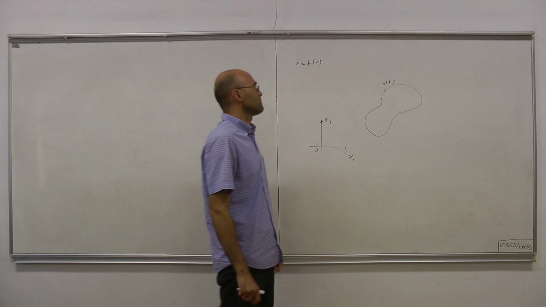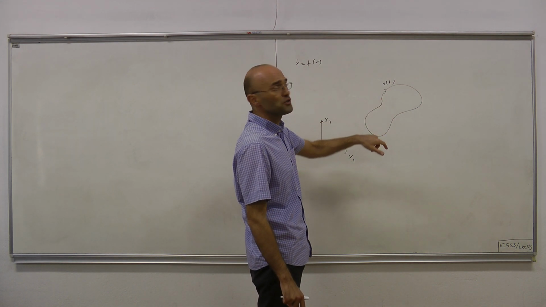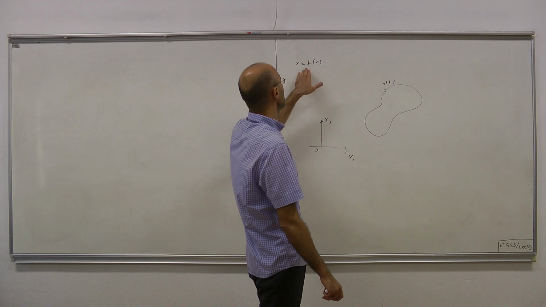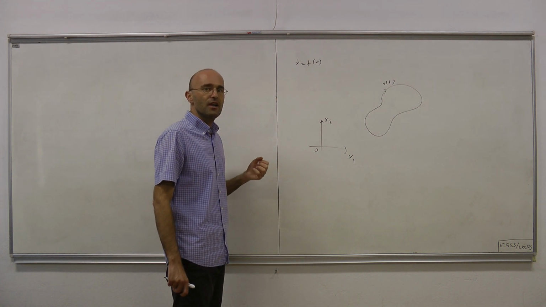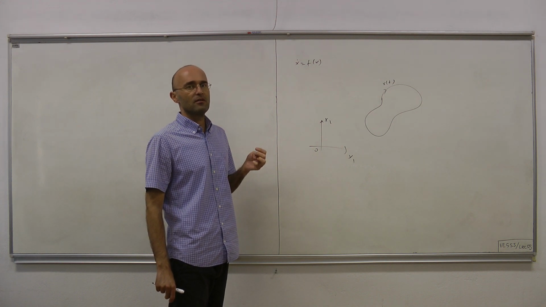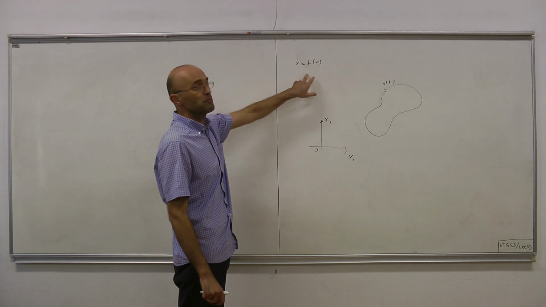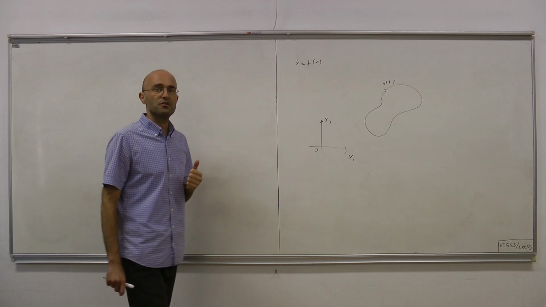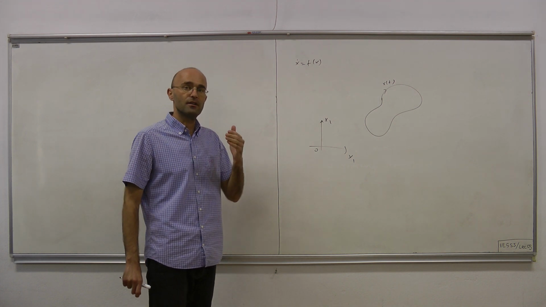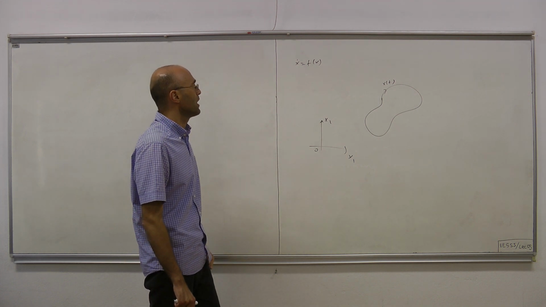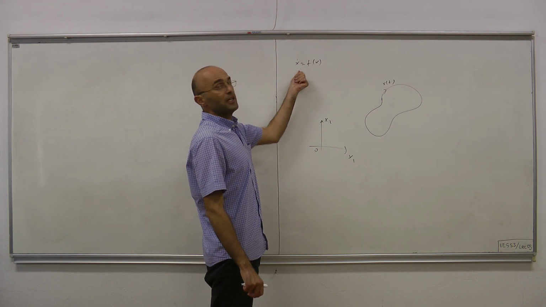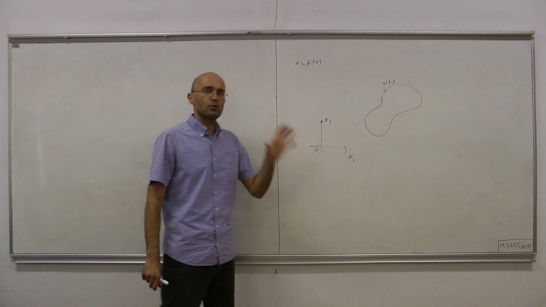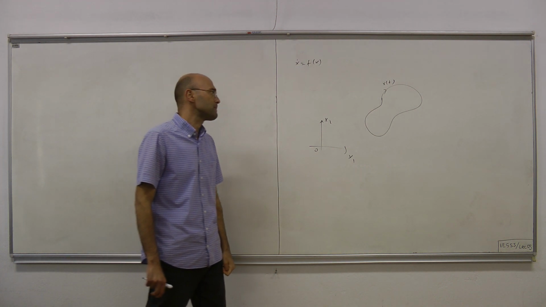And then we talked about methods to determine whether a given system x dot equals f of x possesses any periodic orbit or not. If the system is linear, then the condition is very straightforward, and it's an if and only if condition. For the linear case, x dot equals A x, you look at the eigenvalues of the A matrix.